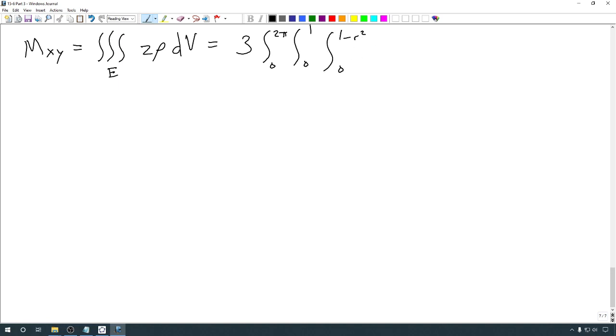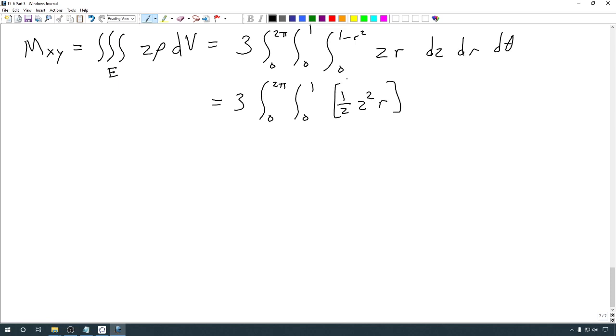But this time we have a z inside, and that's going to change that first integration. Of course, we also have the extra r from polar coordinates, but then we have dz, dr, d theta. When we integrate with respect to z, we do not just get to multiply by 1 minus r squared, because we have a 1/2 z squared inside that.